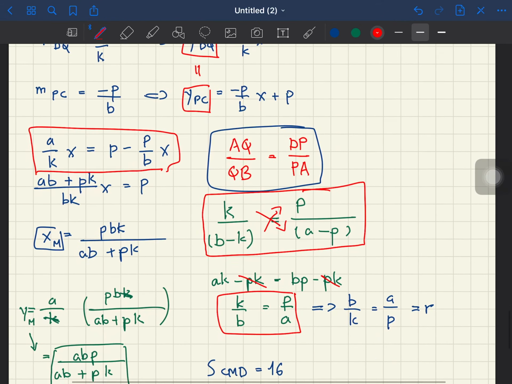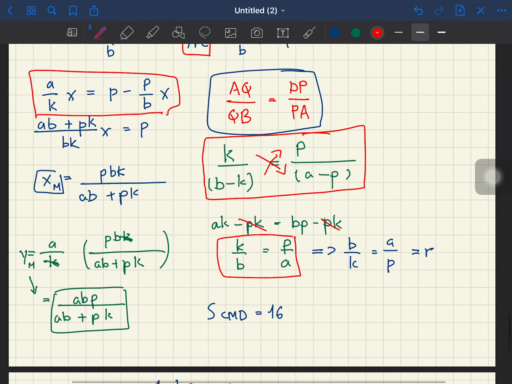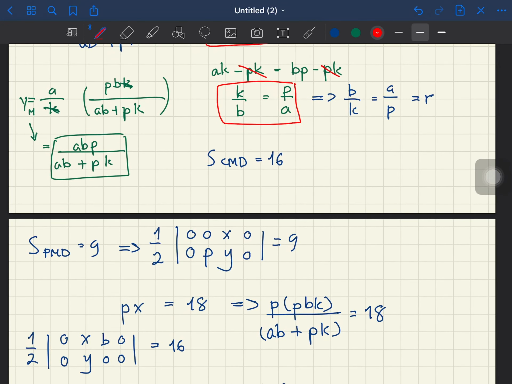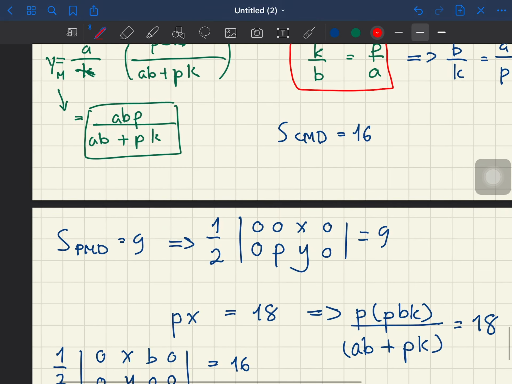And then the second one is the rest of them, the last two equations, where I will try to make an equation regarding the area. So we have two areas, the first one being SPMD. S is this area, because we have A already, so we just use another letter to represent the area, which is S. So SPMD equals 9.